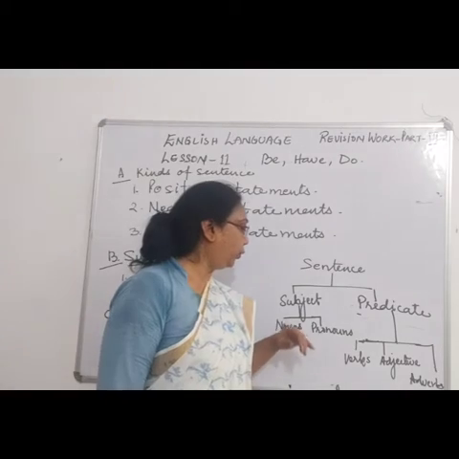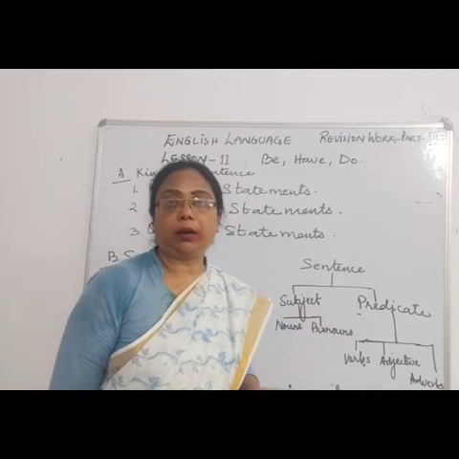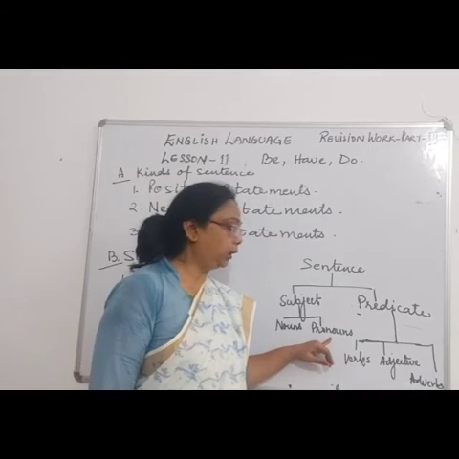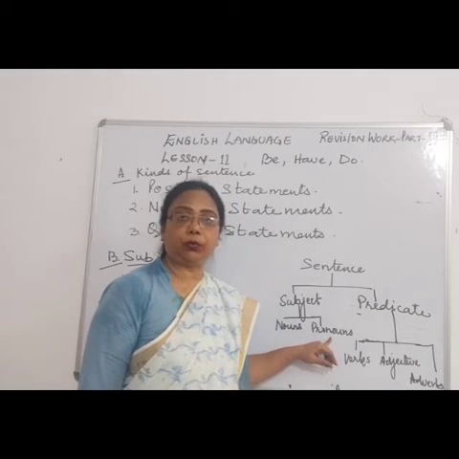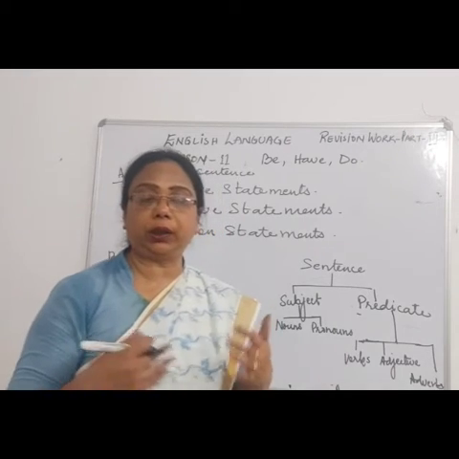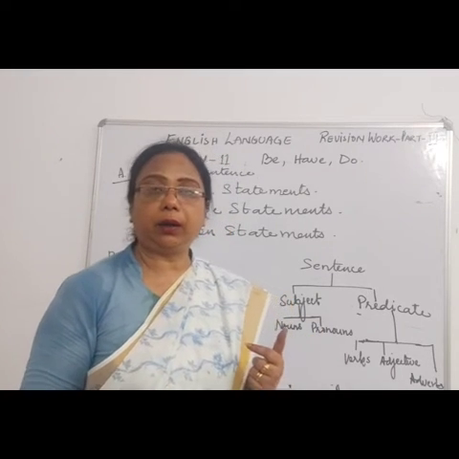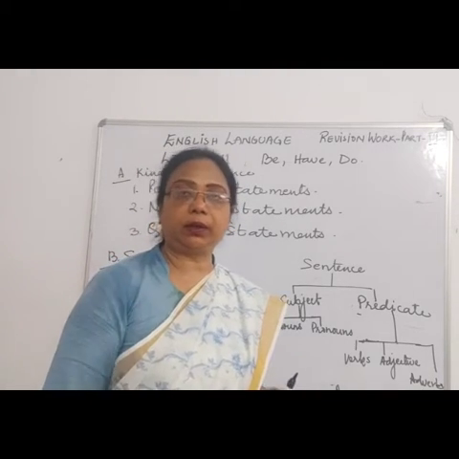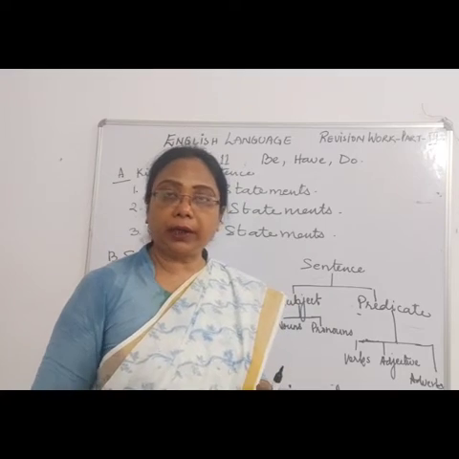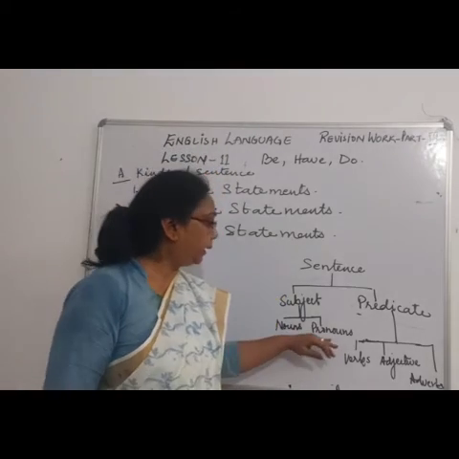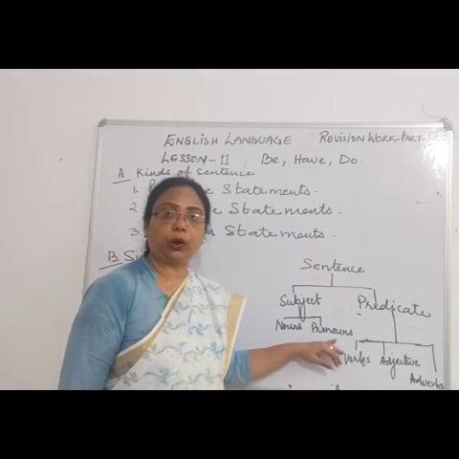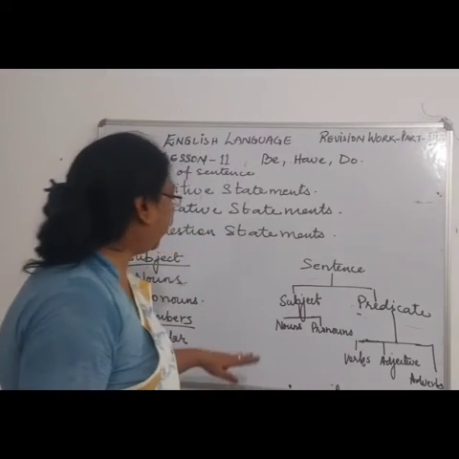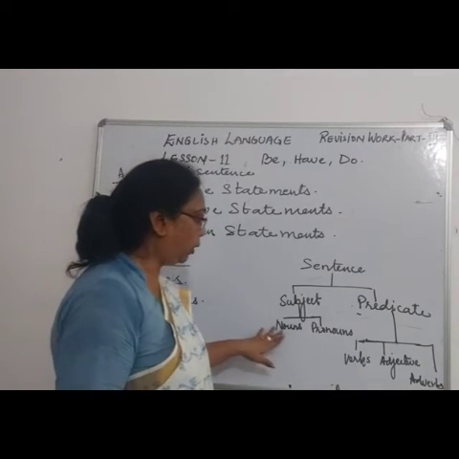But if we don't want to use a noun, we use a pronoun. A pronoun is used to avoid repetition of using the name again and again. If in every sentence I use one or two persons' names, won't you get bored or irritated hearing it? That is why we use pronouns like he, she, it, they, we, us, etc. So the subject is a noun or pronoun.